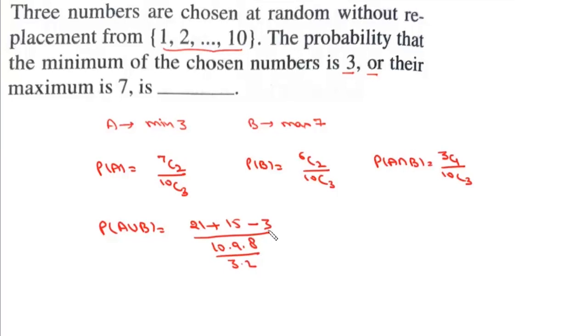So this is 120 and this is 33, which is basically 11 by 40. So the answer to this question is 11 by 40.